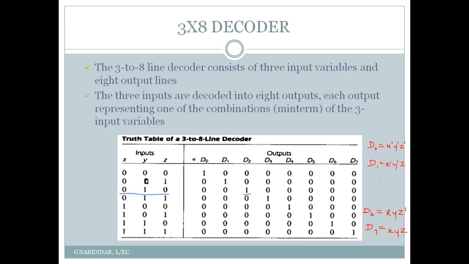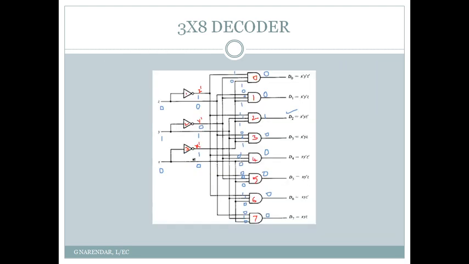And there we observed that for each distinct code applied at the input, only one out of the 8 output lines goes high, and the remaining will be at 0, indicating the presence of that particular code at the input of the decoder.